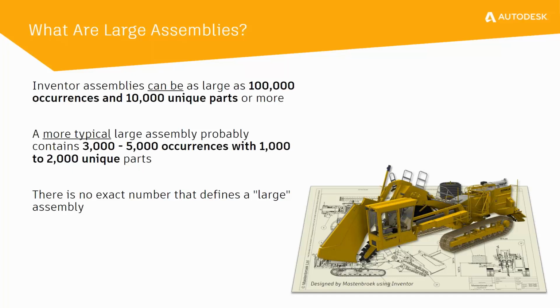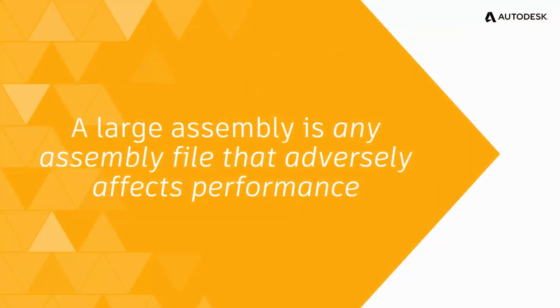But the question is, does this necessarily mean that it is a large assembly? Sure, in that case, it probably is going to be a large assembly if it's got in excess of 100,000. But just because you've got a high component count doesn't necessarily mean that's the only reason it could be a large assembly, because a large assembly could be more commonly defined as any assembly that has some sort of adverse performance effects when using it.